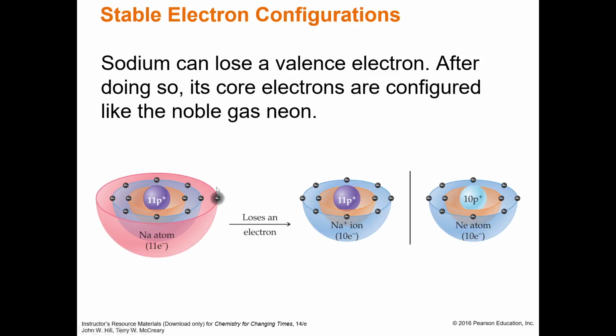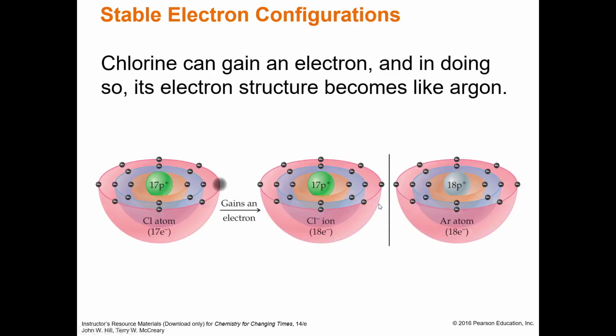If it loses that electron, it's then going to have the same electron configuration as a noble gas, as neon. It'll just have one more proton in its nucleus. And so the theory we're working on here is that this would be less reactive than the sodium with the extra electron in it, right there. And that is actually true as well.